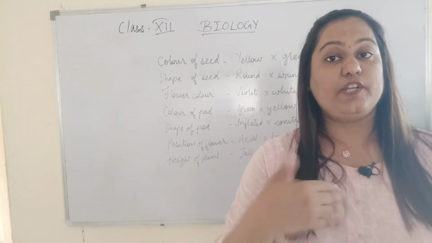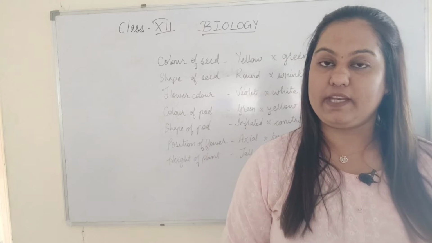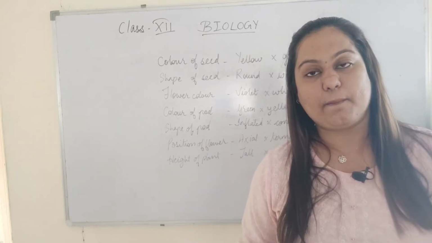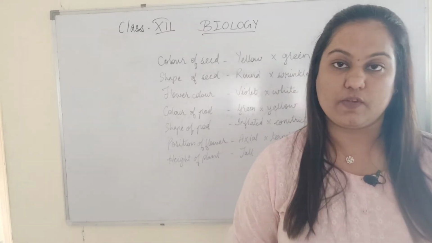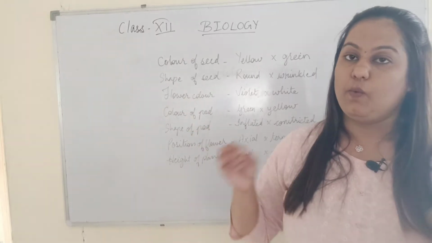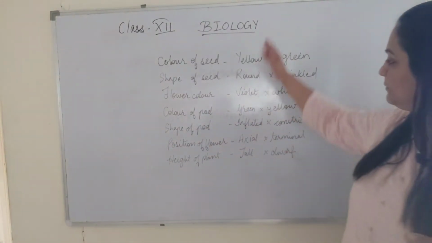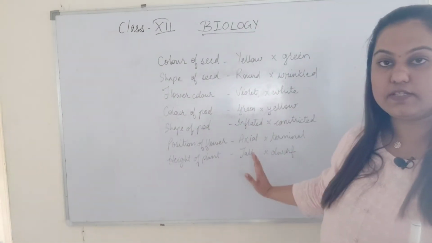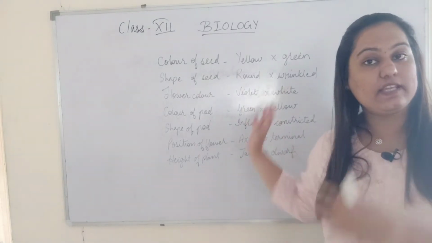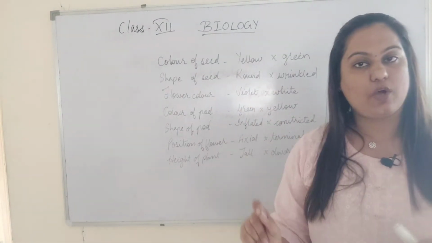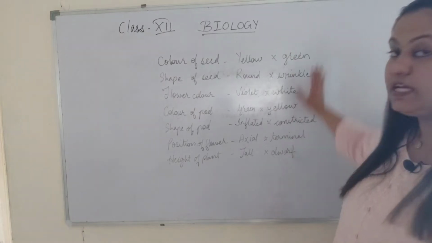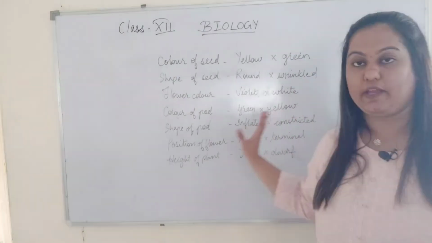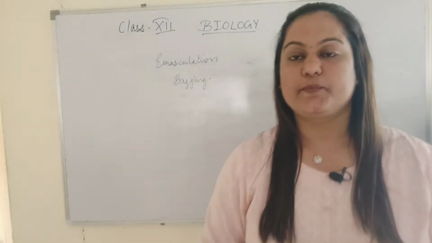So the one which suppresses is called dominant and the one which is getting suppressed is called recessive. So in all these pairs, the characters that I have written first in each pair were dominant, and the second ones in each pair were recessive.